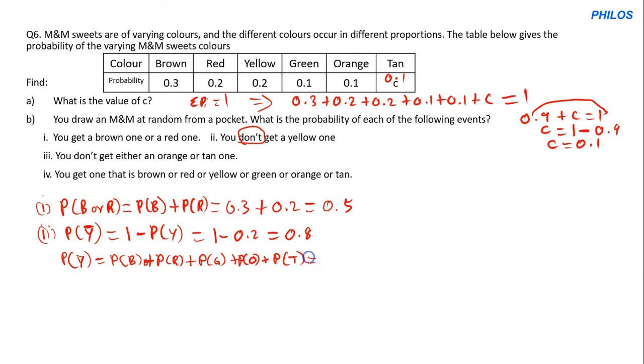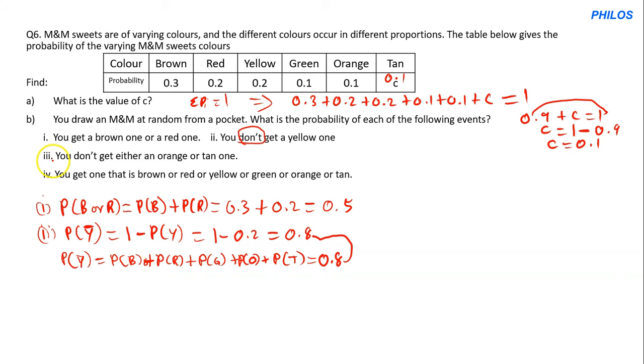So what is the probability of getting a brown? 0.3 plus red 0.2 plus green 0.1, which is 0.6, plus yellow 0.1, which is 0.7, then plus tan, which is 0.1, that gives you 0.8. So you see that we get the same answer, 0.8.